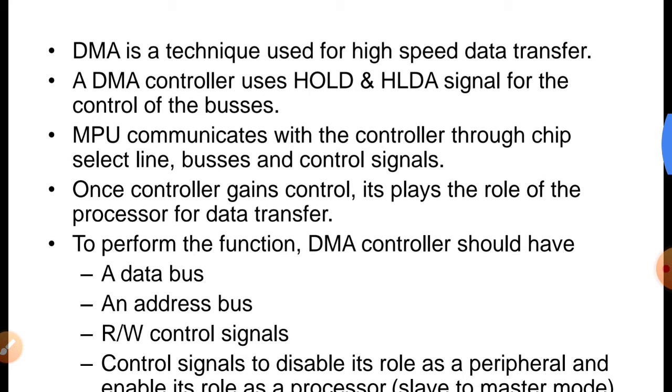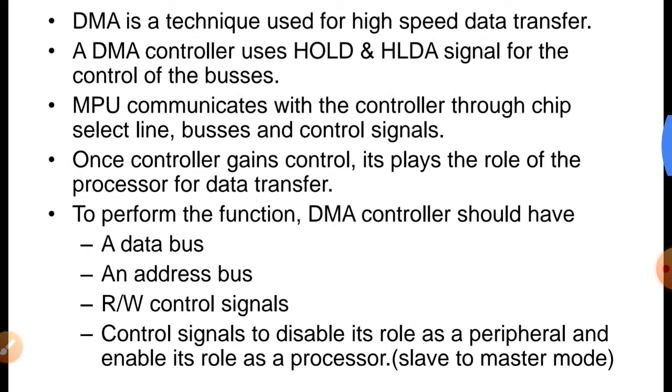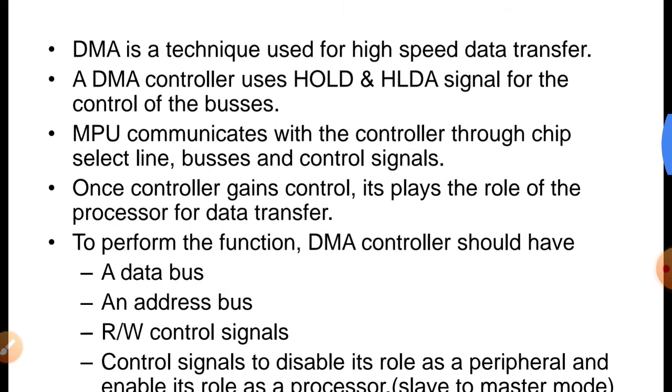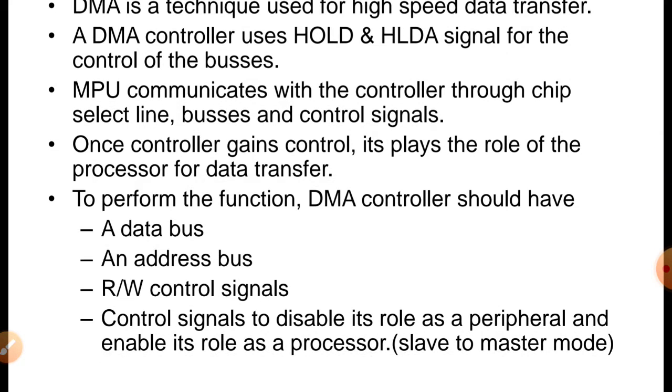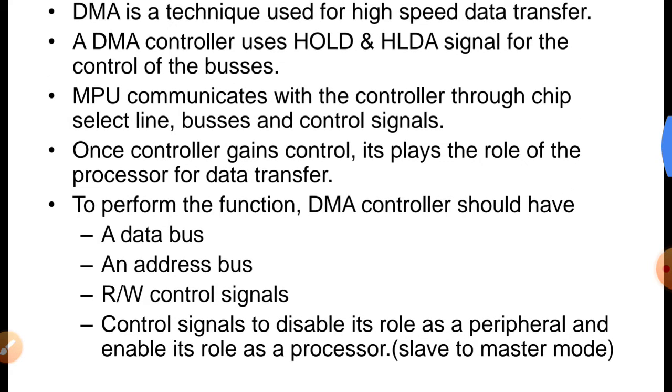As I told you, it uses two signals. The hold signal is an active high input signal of the 8085, and after receiving the hold request, the microprocessor releases the buses to be controlled by the controller itself, and acknowledges by sending the hold acknowledge signal.